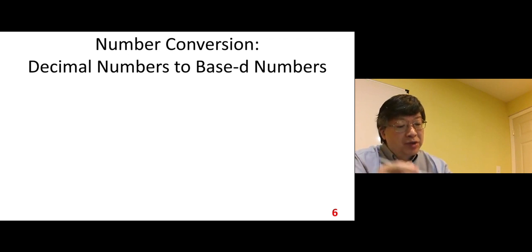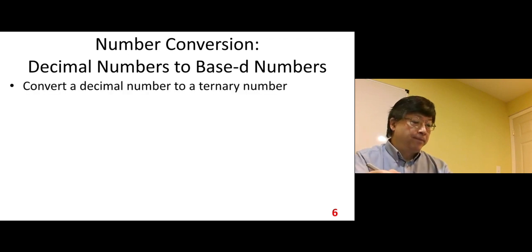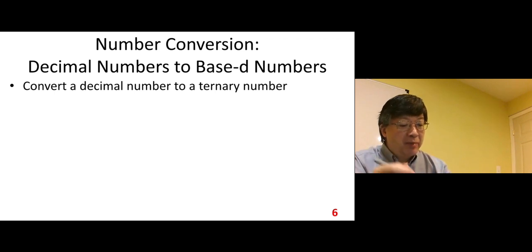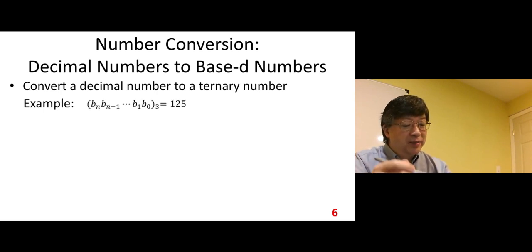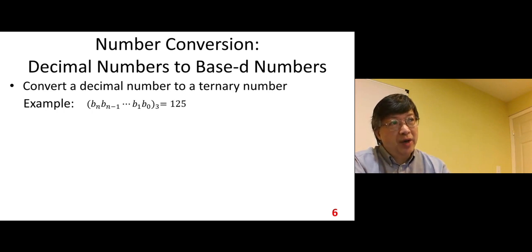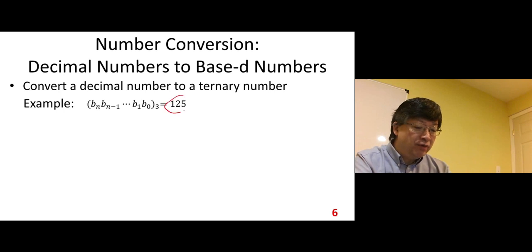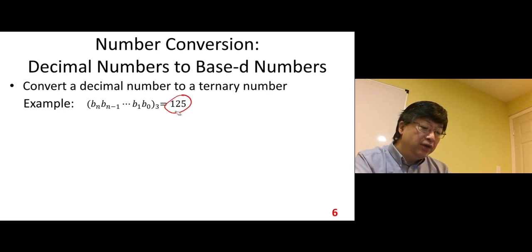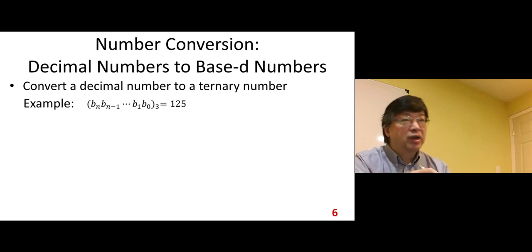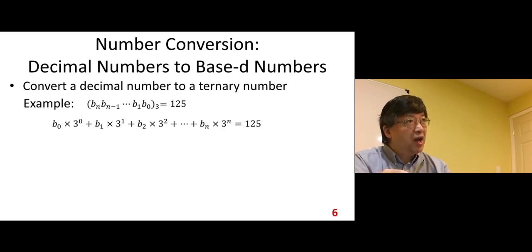So let's look at the opposite direction, from decimal numbers to base d numbers. Convert a decimal number to a ternary number. Let's look at a simple example. Suppose we have a ternary number, we don't know its expression, but we know its decimal value is 125. How do we find the digits for its ternary expression? Let's use the formula to calculate digit by digit.